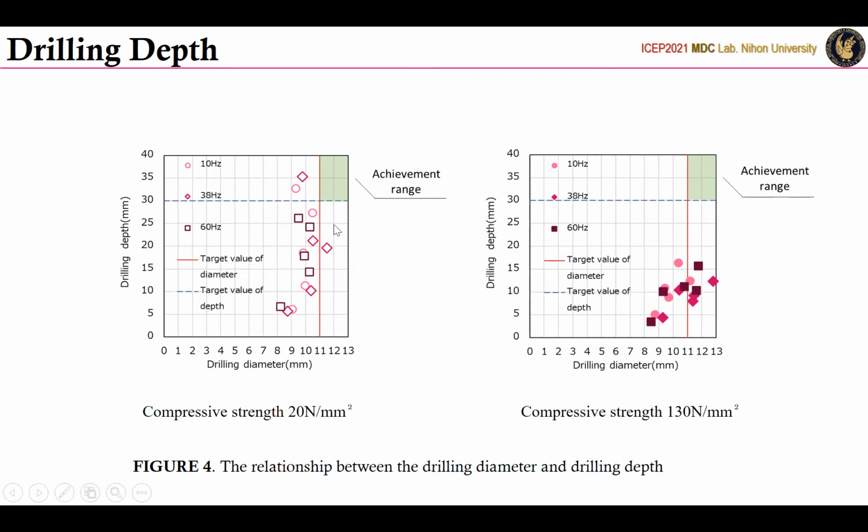Each target means the diameter and the drilling depth. It was found that we need to modify the laser irradiation condition a little. This means that it needs a longer irradiation time.